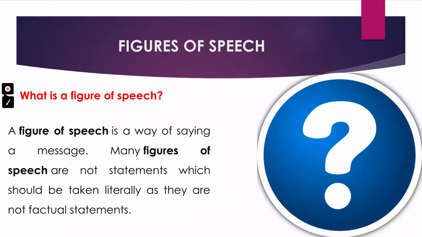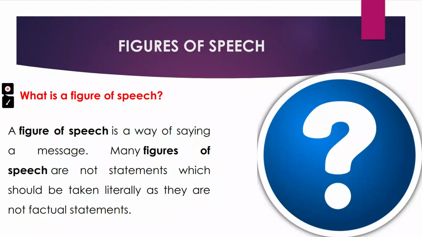So I'm going back to the example that I used a while ago. My uncle, the lamppost, walked into the room. Now, like I did mention a while ago, that's an example of a metaphor. Now, literally, you do not mean that your uncle is a lamppost. It is not a factual statement to say that he is a lamppost.